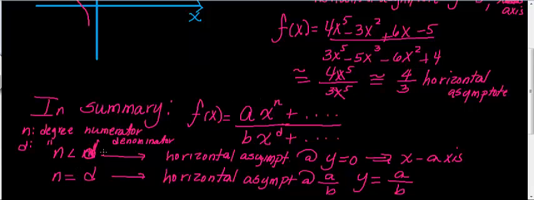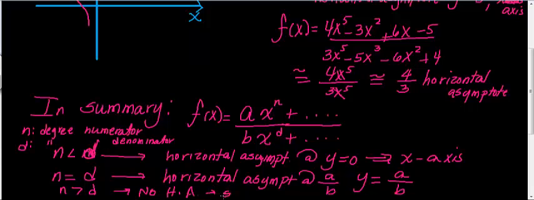When n is less than d, the horizontal asymptote is at y equals 0. When the degrees are equal, then it's going to be y equals a over b, which are the coefficients of the leading terms. And if you're asking what happens when n is greater than d, there is no horizontal asymptote.